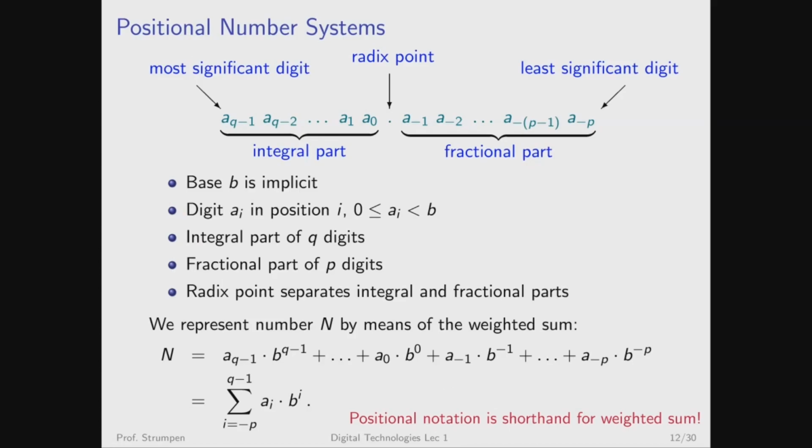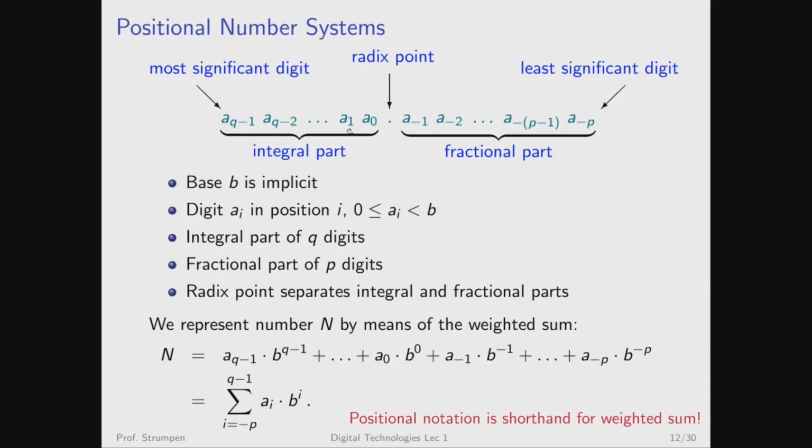Now, I've shown you how to look at decimal and binary numbers. The principles by which we computed the value of a number happen to be the same for all kinds of bases beyond 2 and 10. And this is what's called a general positional number system. If the base b is not fixed, you can still write a number simply by concatenating digits. Right? I call the digits a sub i, where i is the position in the number.